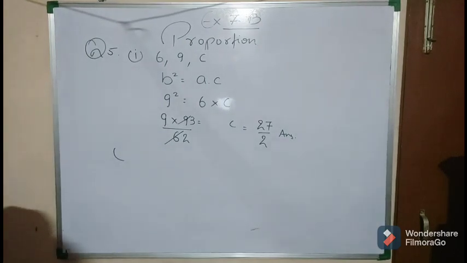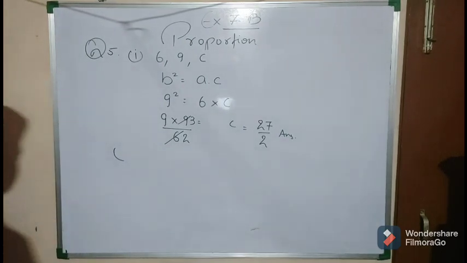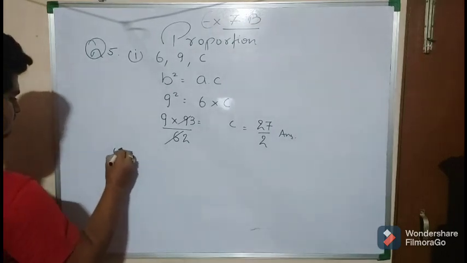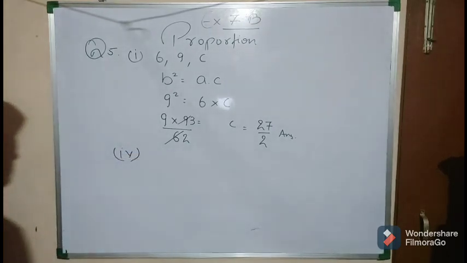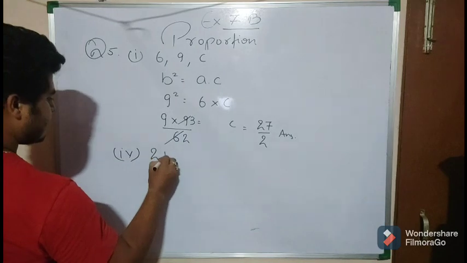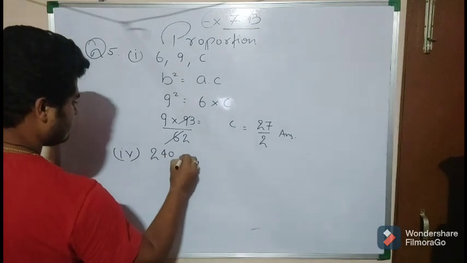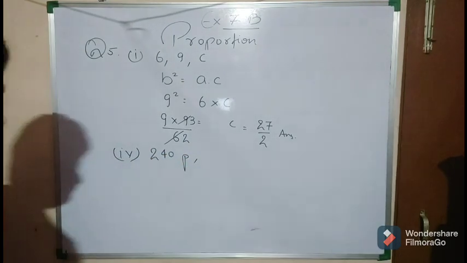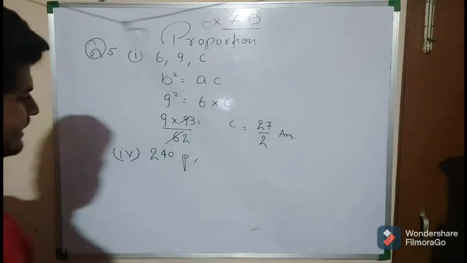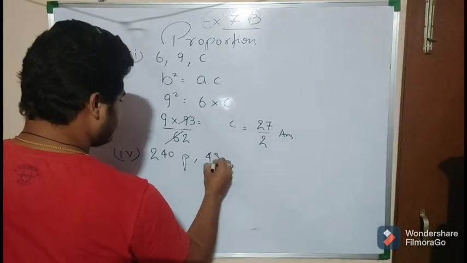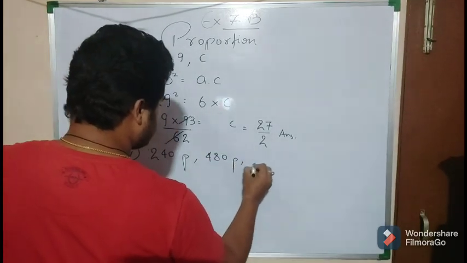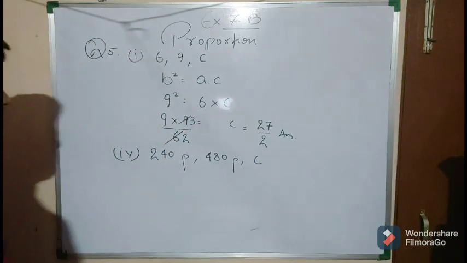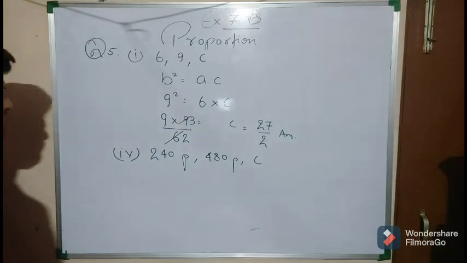Then let's see the fourth part, which says 240 paise, then 480 paise, and the third proportion is not known.